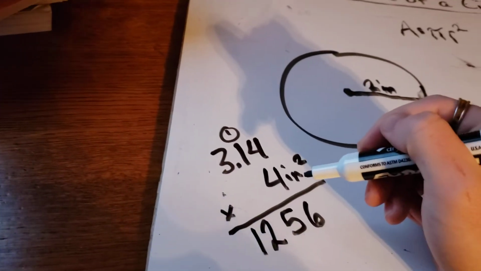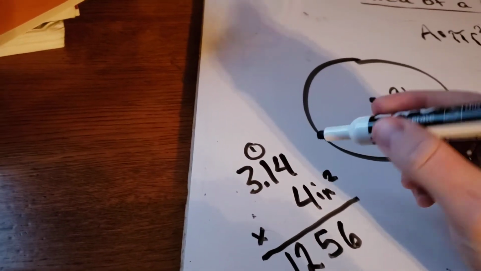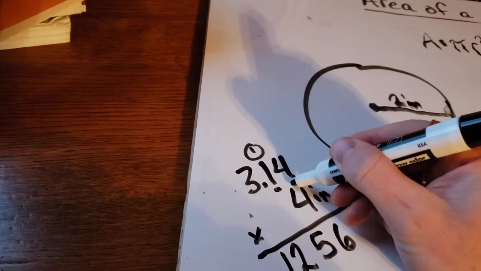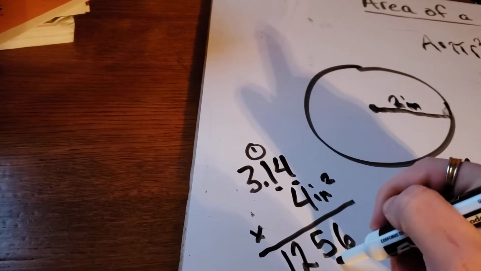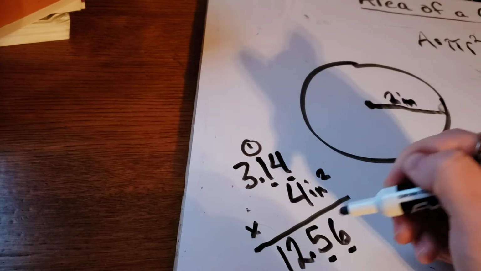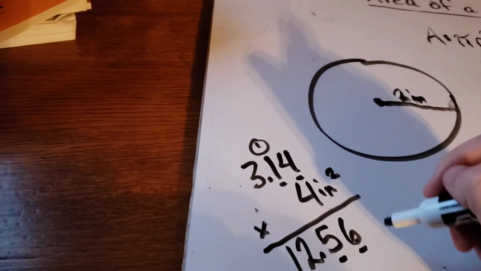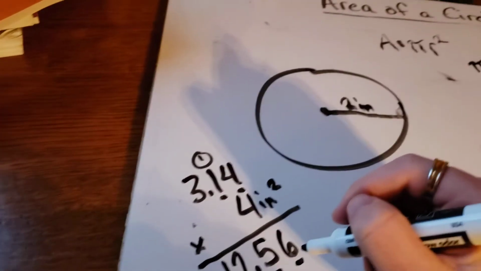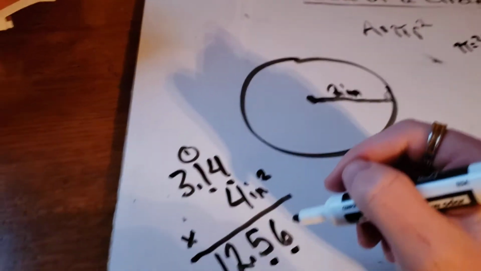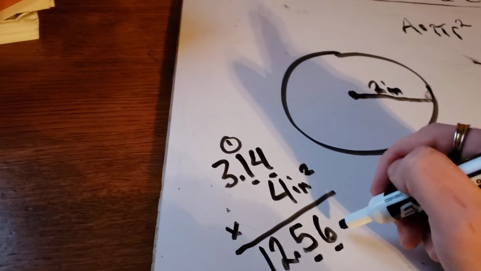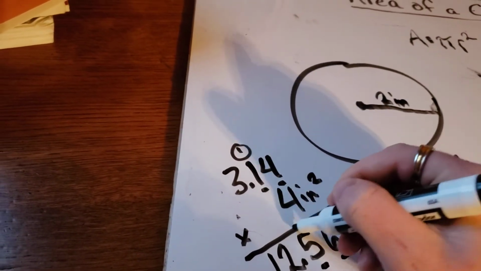Now, we need to look at how many decimal places we need. We've got 2 decimal digits here, so we need 2 decimal digits here. It's area, so we need square units. So the area of a circle whose radius is 2 inches would be 12.56 inches squared.